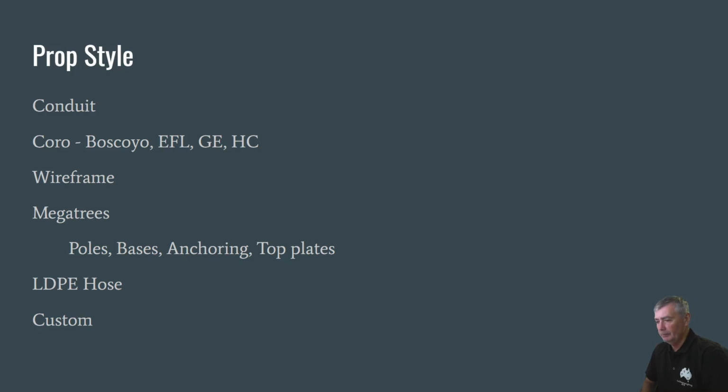Some people will also build arches out of that sort of stuff. It's quite common. Coroplast is also very, very common, and you've got vendors like Boscoyo, EFL, GE, Holiday Coro, that will all sell you pretty much any shape that you could imagine in Coro, and then you take your pixels and push them into it.